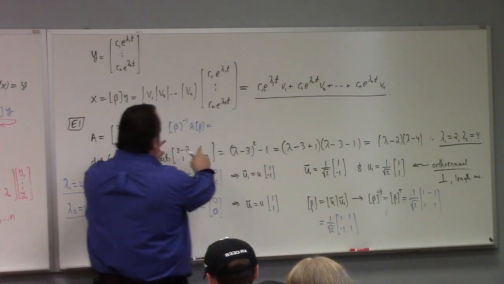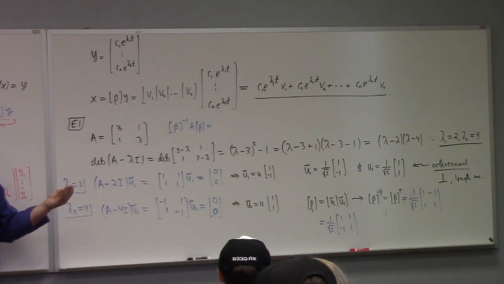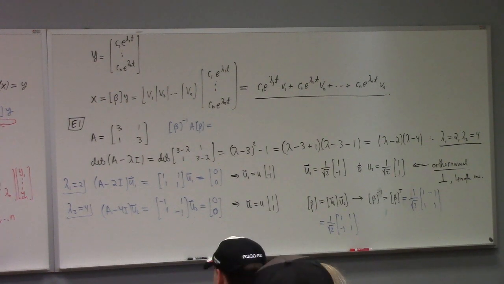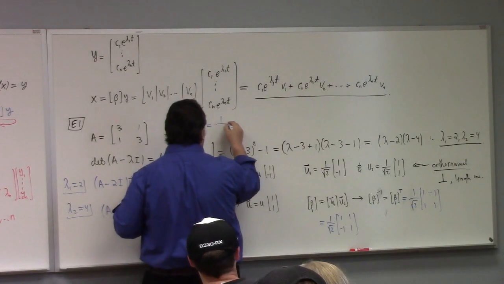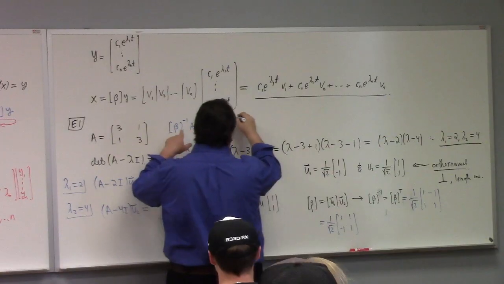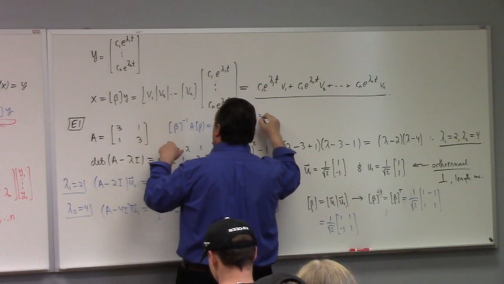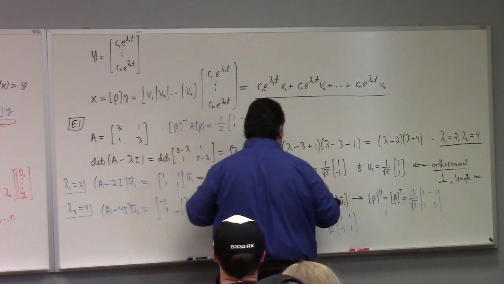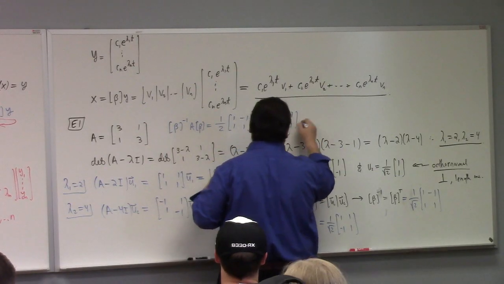Okay, so if I think about this product right here, I've got a 1 over the square root of 2, and I've got another 1 over the square root of 2, right? So if I factor both of those out front, I get a half. I've got a 1/2. My basis inverse matrix is 1, minus 1, 1, 1. My matrix A was 3, 1, 1, 3. And then my basis matrix beta, 1, 1, minus 1, 1, right?